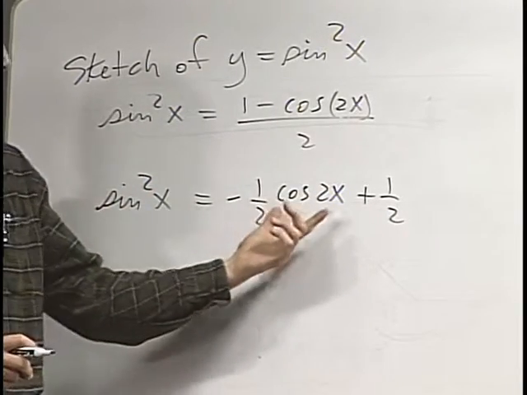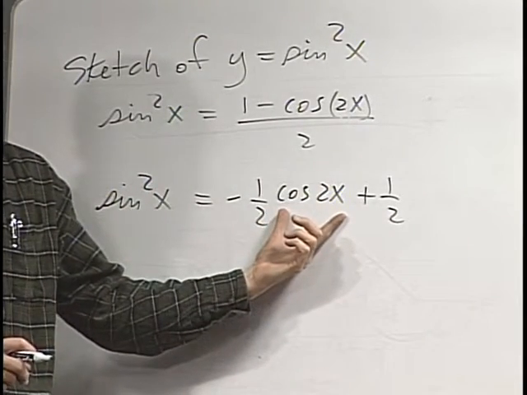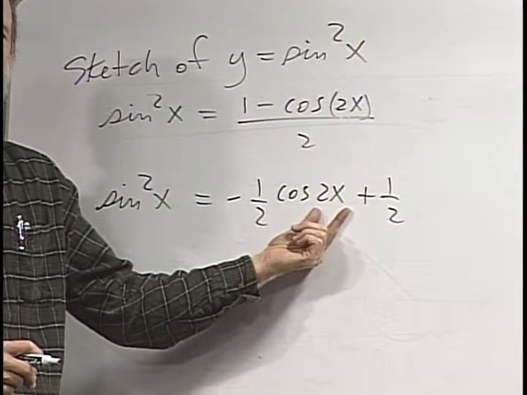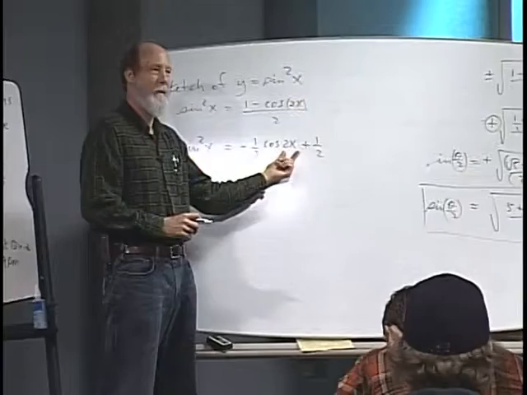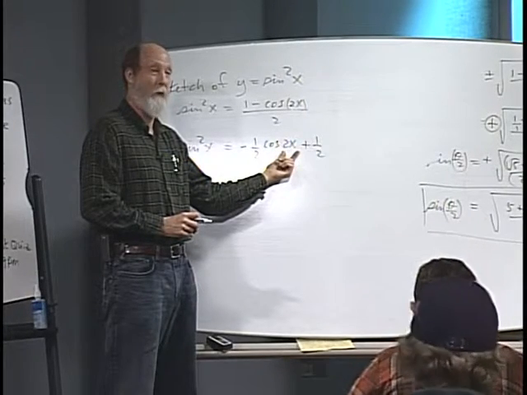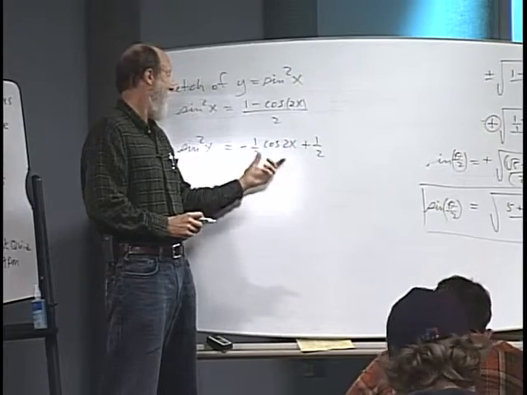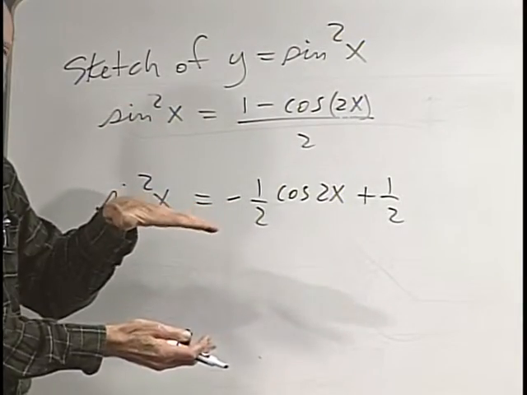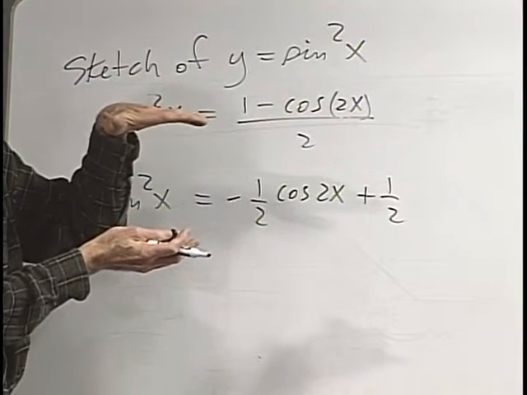So look at what you've got here, folks. You've got a cosine graph, don't you? With a period of, help me, pi, right? Period of pi, a whole cycle in pi. And it's turned upside down, half as tall, and then lifted up by a half.